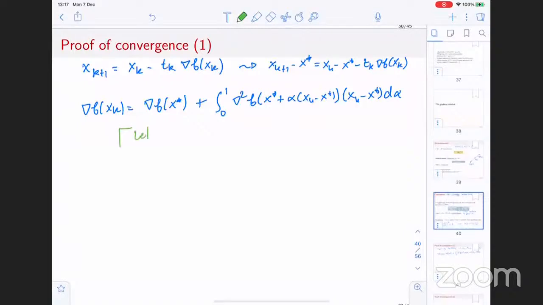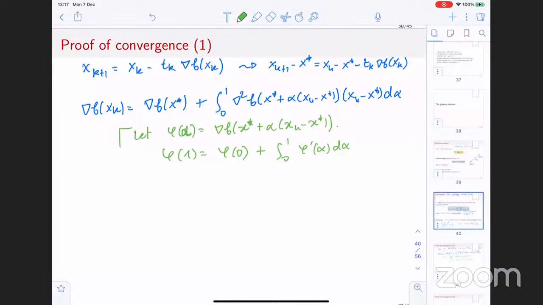Let's call it phi of alpha. This is the gradient of f at x star plus alpha times (x_k minus x star). The formula at the top is just the fact that phi of 1 is equal to phi of 0 plus the integral from 0 to 1 of phi prime of alpha d alpha.